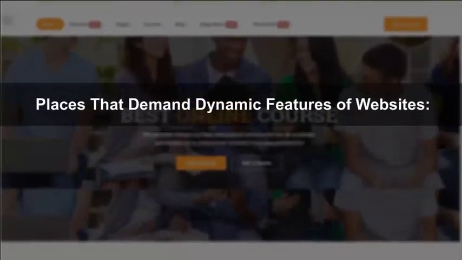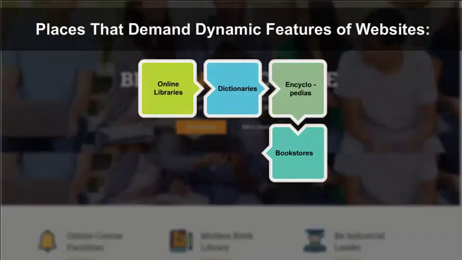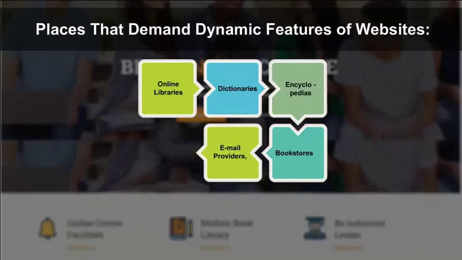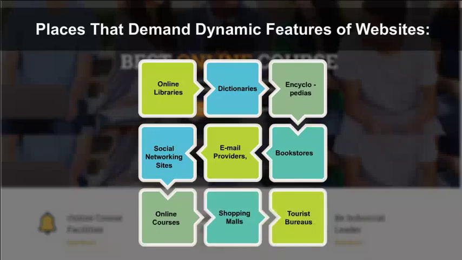Places that demand dynamic features of websites: online libraries, dictionaries, encyclopedias, bookstores, email providers, social networking sites, online courses, shopping malls, tourist bureaus.